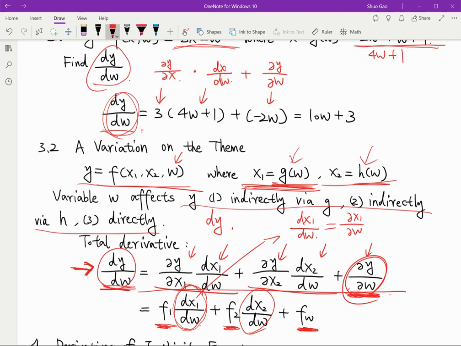Although they are functions of w, when we calculate the partial y over partial w, we don't plug in the g and h functions, right? We just consider x1 and x2 as constants, and then we take the derivative of y with respect to w, right? Because this is the definition of partial derivative. We just control all the other variables to be the same. So consider that they are constants. So this is the partial derivative with respect to w, right?